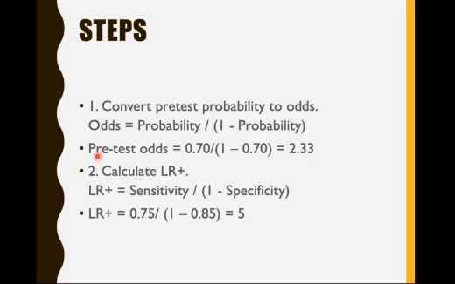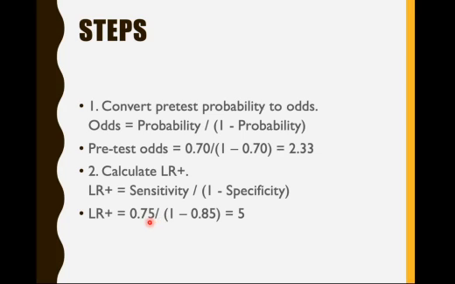Now, post-test odds are equal to pre-test odds times the likelihood ratio, so we calculate the likelihood ratio. The likelihood ratio positive is sensitivity divided by 1 minus specificity, the false positive rate. The sensitivity is 75% divided by 1 minus the specificity of 85%, so that's 0.15.